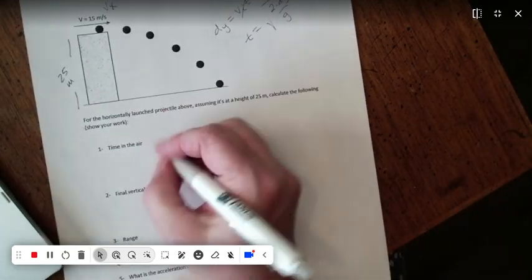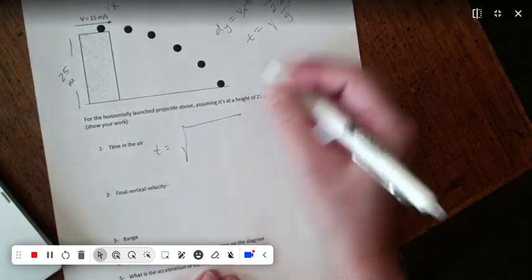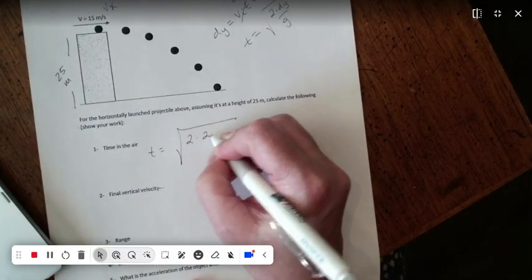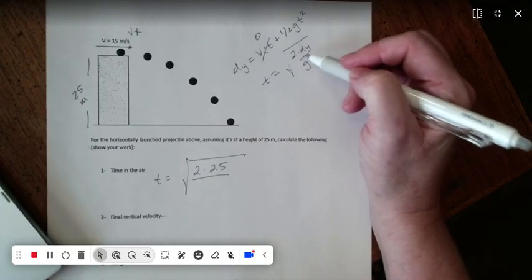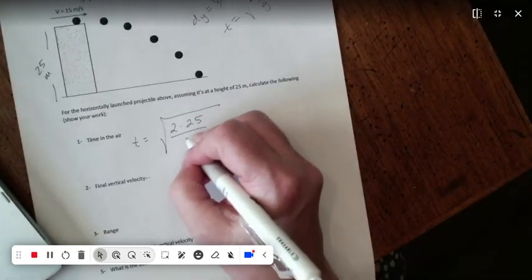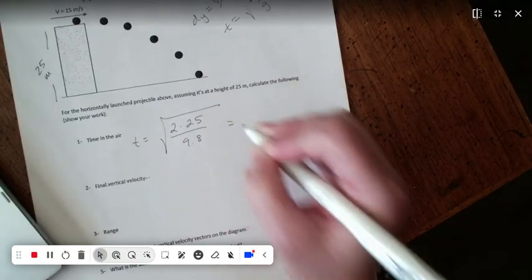But to get time in the air, we're using this equation again, so we have 2 times 25, that's our height. That's what dy is, that's our vertical displacement or our height, divided by 9.8 for g.